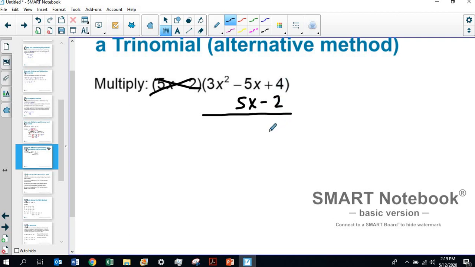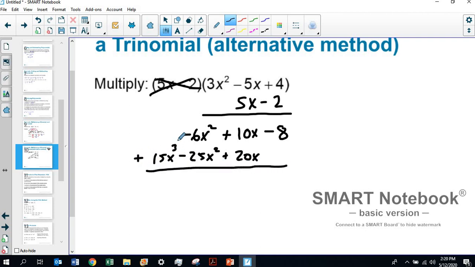So 4 times negative 2 is negative 8, and then negative 5x times negative 2 is plus 10x, and then 3x squared times negative 2 is negative 6x squared, and then you come again, 4 times 5x, there's no constant, so this is kind of like where you put the 0 when you're doing long multiplication. 4 times 5x is 20x, and negative 5x times 5x is negative 25x squared. Put that plus in there. And then 3x squared times 5x is 15x cubed.